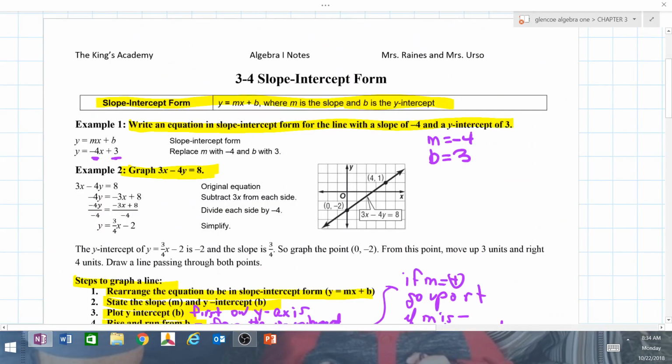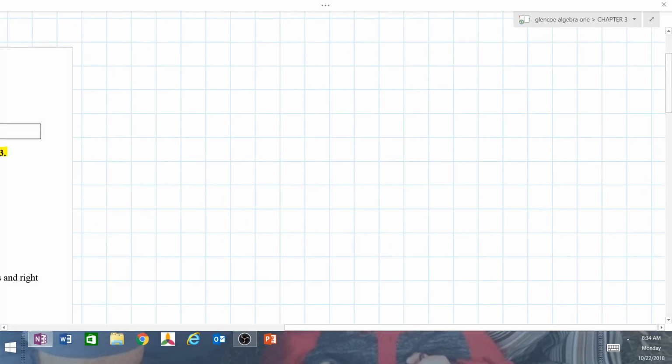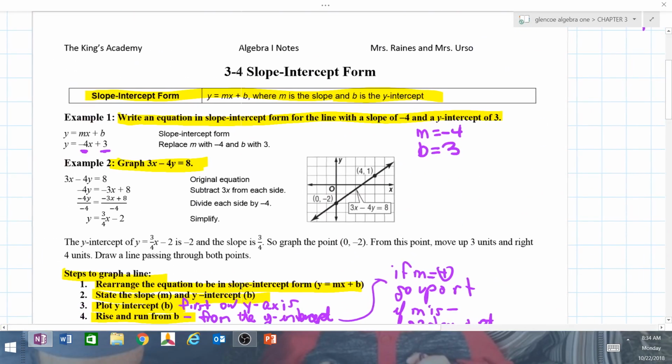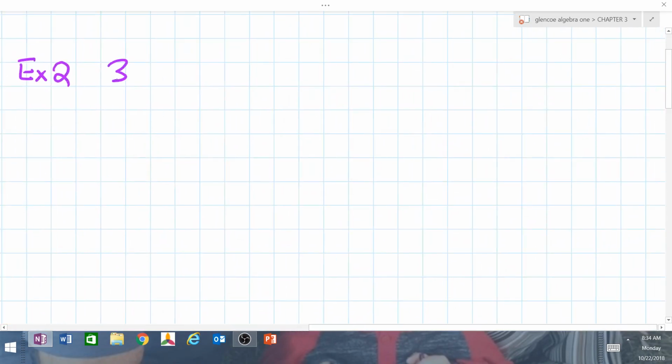Okay, so this is example 2. 3x minus 4y equals 8. So this is my original equation. And we want to rewrite it into what form, guys?